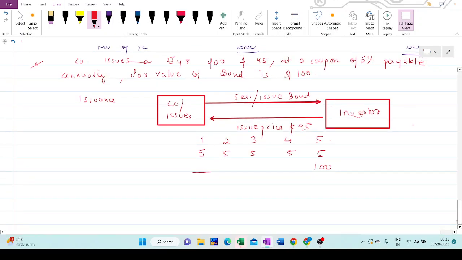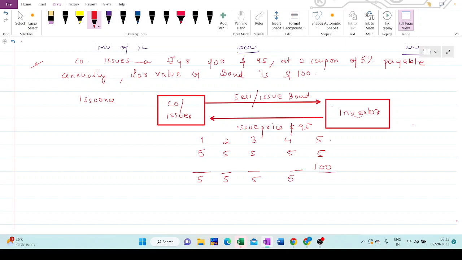So for raising this $95, the company has to pay $5 at the end of year 1, $5 at the end of year 2, $5 at the end of year 3, $5 at the end of year 4, and $105 at the end of year 5.